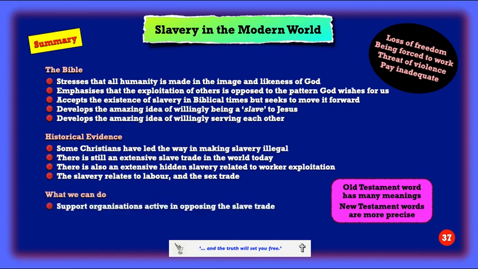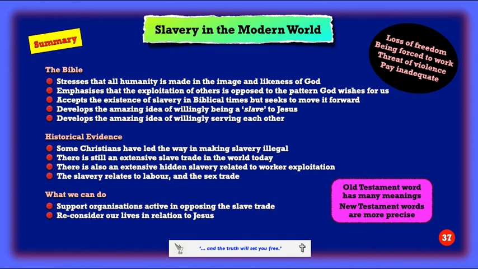And what we can do is support organisations, put our hands in our pockets, many doing wonderful, remarkable work all over the world. But think about ourselves, serving Jesus, where our agenda is what he wants, in total obedience, because slavery, his perfect slavery, is freedom.